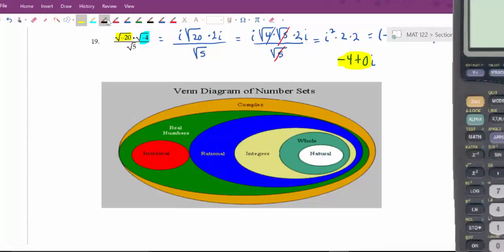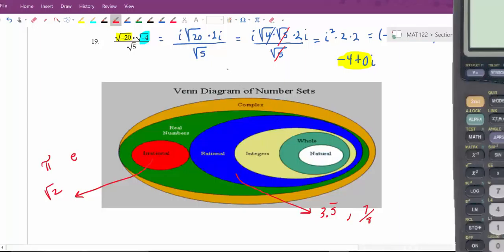Irrational numbers would be things like square root of 2, pi, e, things where you have decimals that go on forever without a repeating pattern. Rational numbers are going to be things where the decimals have a repeating pattern, or just fractions, any type of a fraction. A ratio of two integers is going to be a rational number and so forth.